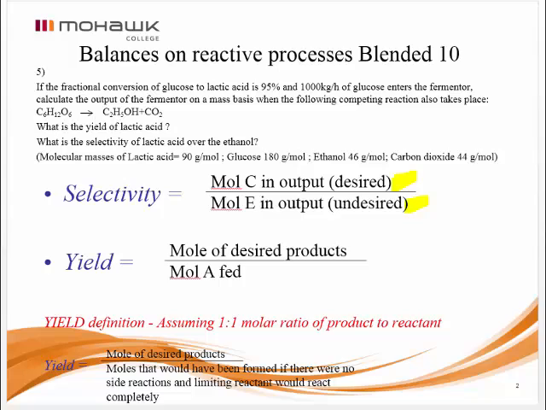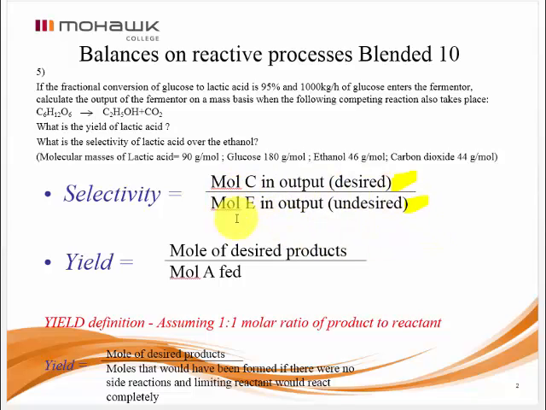The question is asking us to calculate selectivity and yield from the process, so we have to go back and look at the definition of the selectivity. If you remember from our in-class lecture, selectivity is defined as the ratio of moles of the desired product divided by the moles of the undesired product.